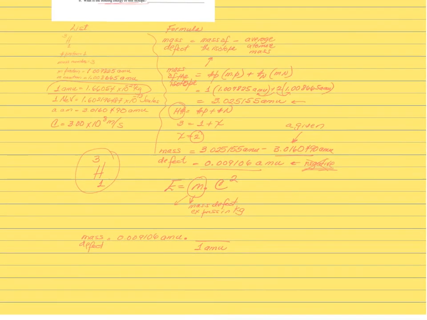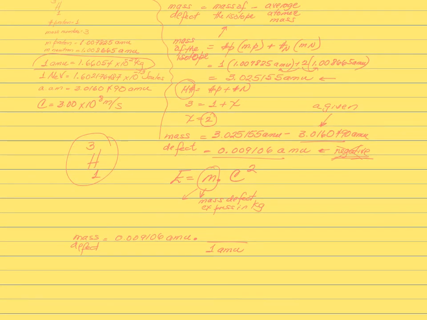1 AMU equals 1.66054 times 10 to the negative 27 kilograms.